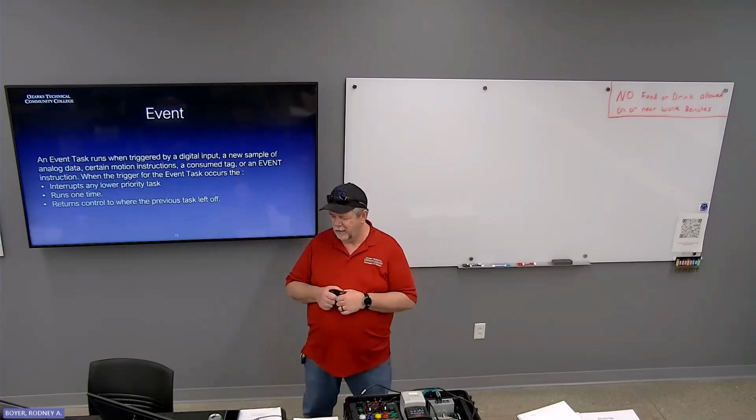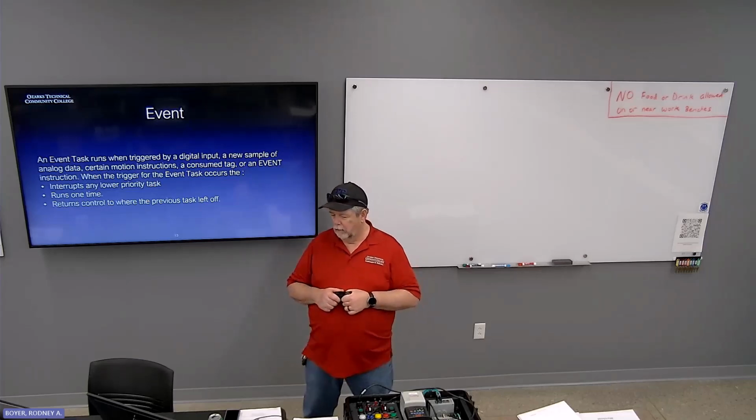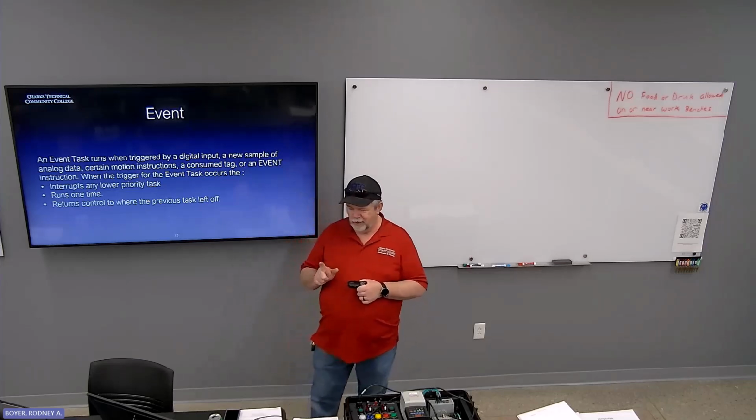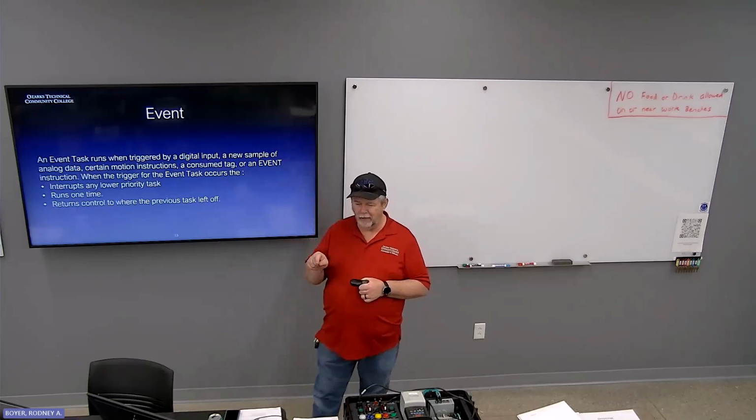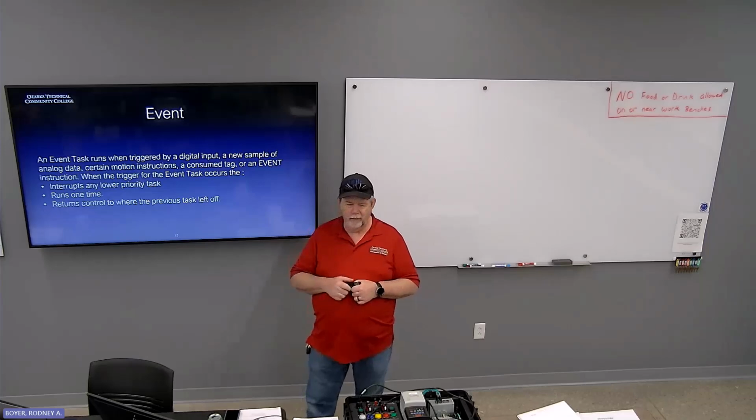The event task runs when triggered by a digital input, a new sample of analog data, certain motion instructions, a consumed tag, or an event instruction. There's an actual event instruction in these controllers. Just like periodic, it interrupts any lower priority task, and when done, returns control to where the previous task left off.